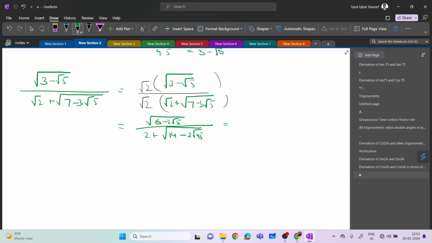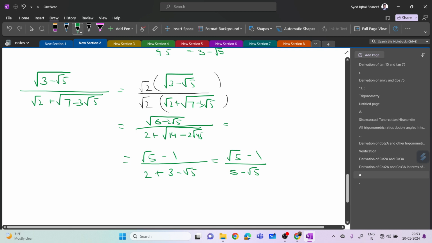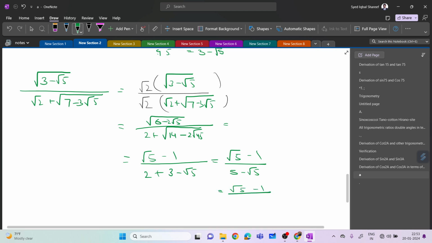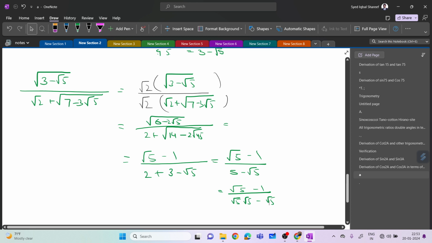Next, this we have done: root 5 minus 1, and again this we have done, 3 minus root 5. So this is root 5 minus 1 by 5 minus root 5. Here, root 5 minus 1 divided by 5, we are writing root 5 minus root 5.